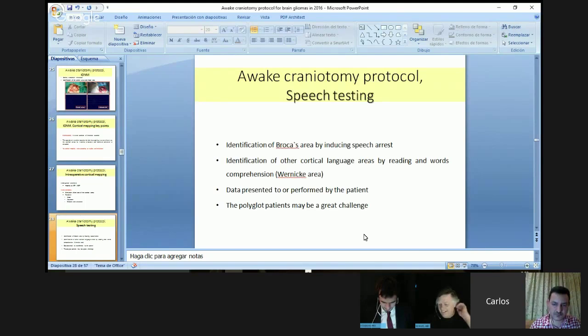We identify other cortical language areas by reading and word comprehension, such as Wernicke's area. We can do it on data presented to or performed by the patient. In this case, polyglot patients may be a great challenge for this kind of monitorization.